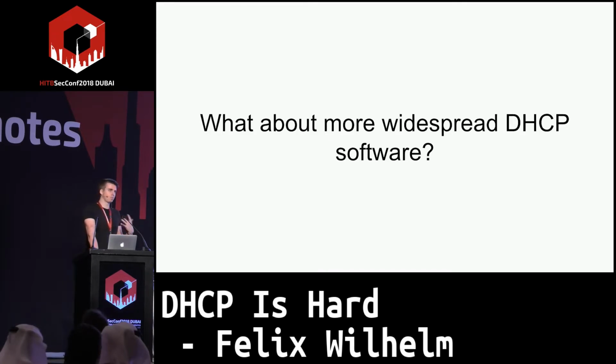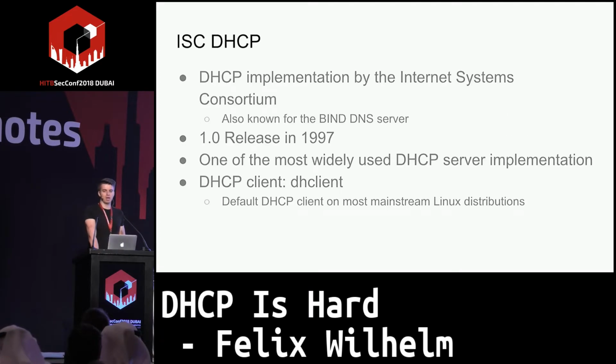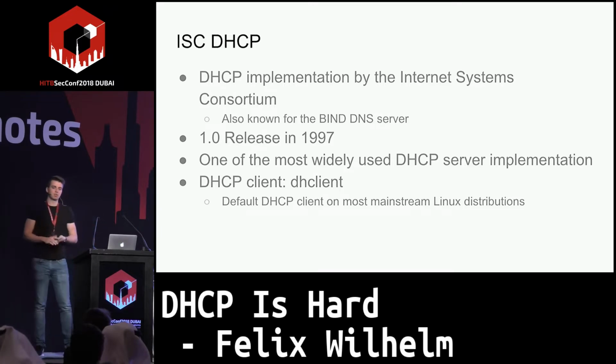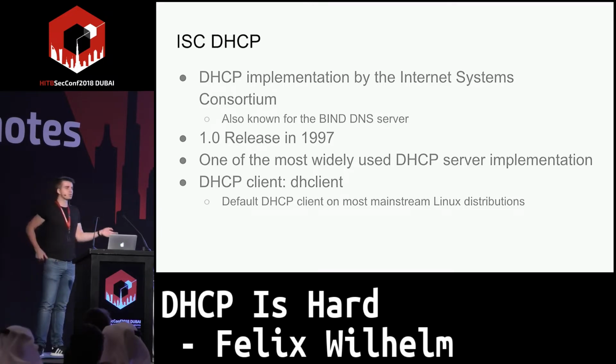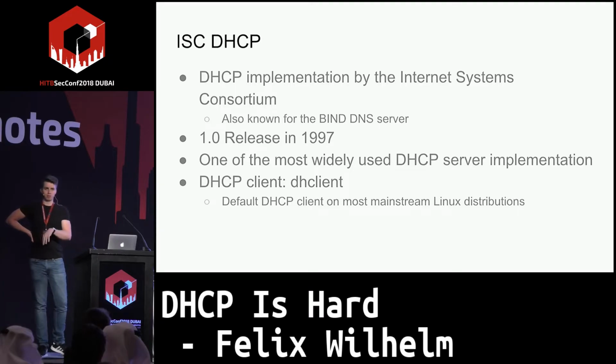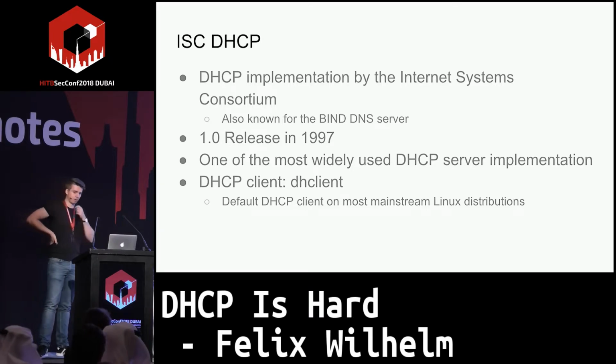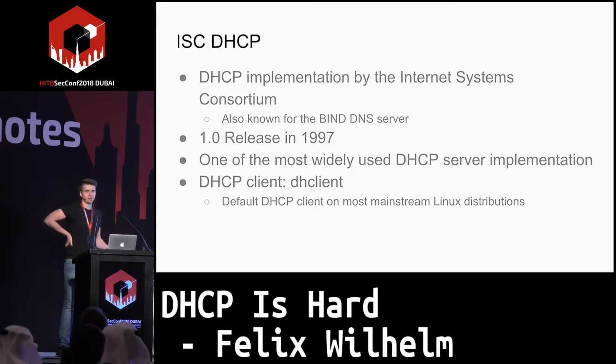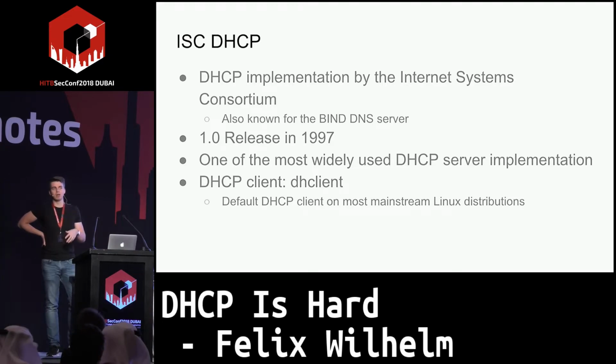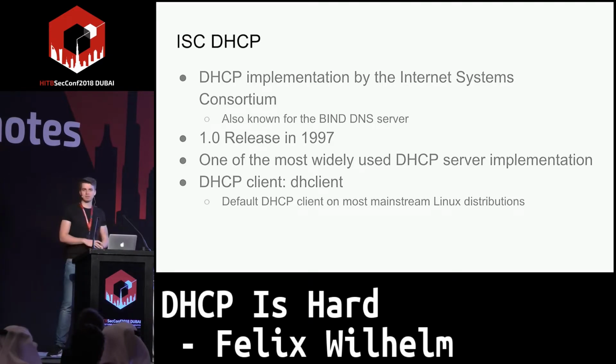One of the biggest and most widely used code bases for DHCP is ISC DHCP. That's the DHCP implementation by the Internet Systems Consortium. They are also well known for releasing the BIND DNS server. The first release of ISC DHCP was in 1997, so the code base is 21 years old now, and you notice it, so it's not the most modern C code base in the world.